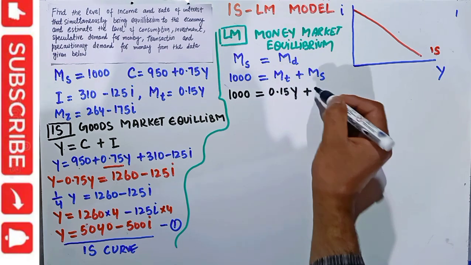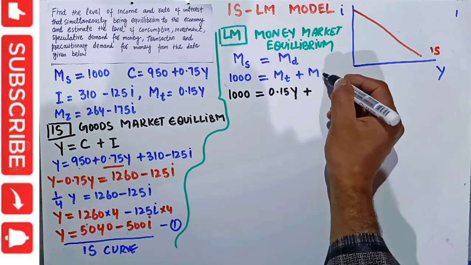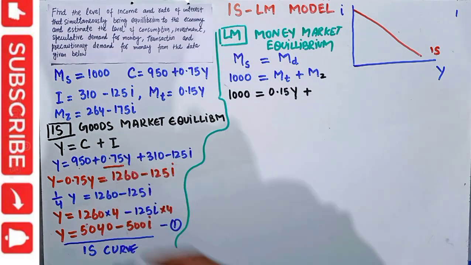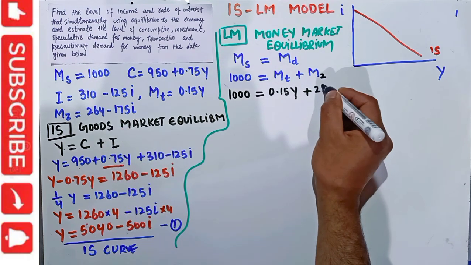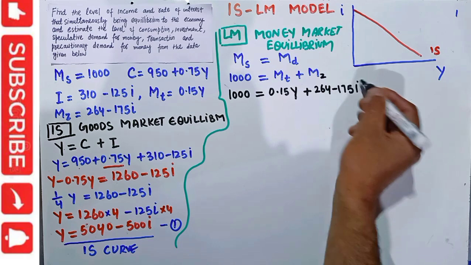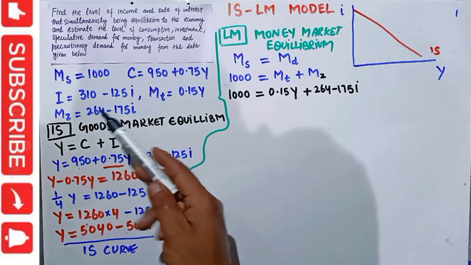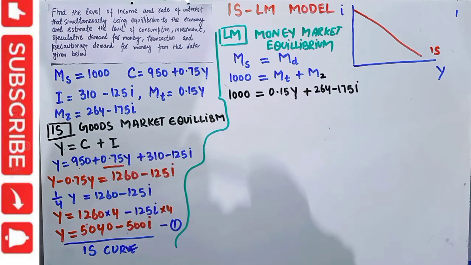Plus speculative demand for money is given as M subscript S is being used for the speculative demand for money. Sorry for this mistake. So this is 264 minus 175i. That means when rate of interest increases, speculative demand for money decreases.